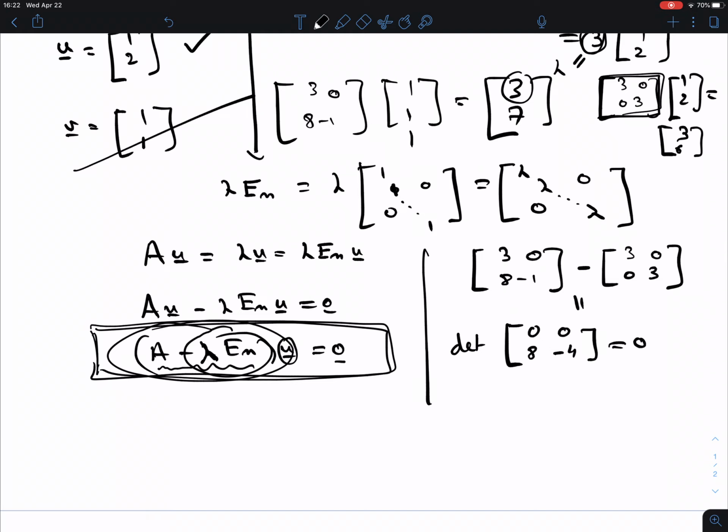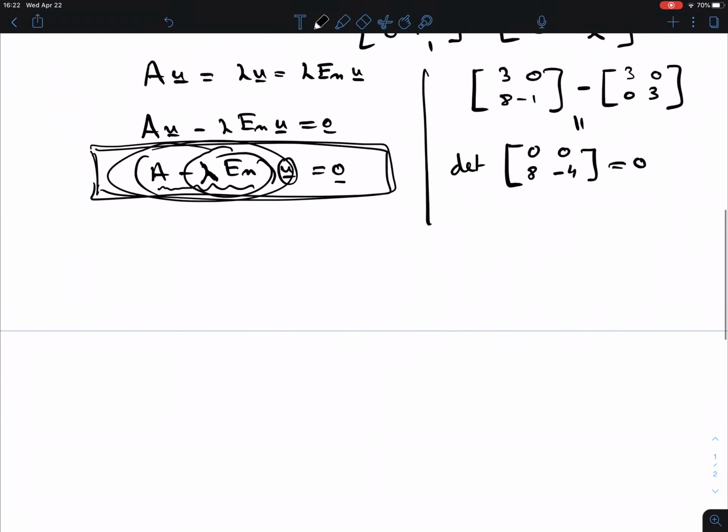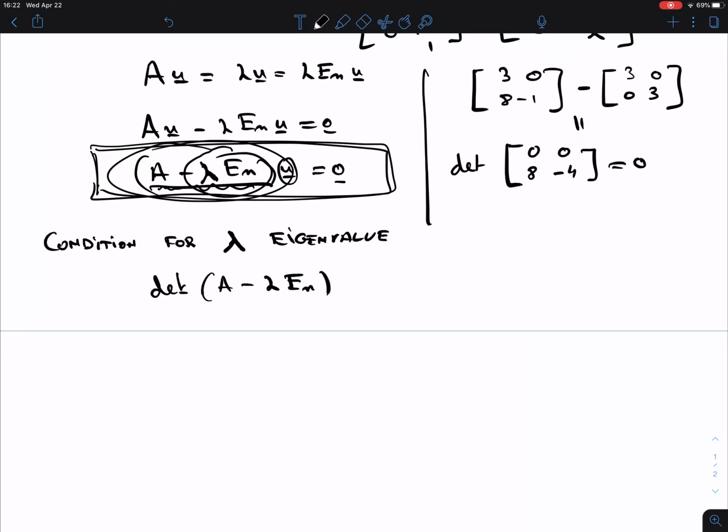So the condition for lambda to be an eigenvalue, although we are interested perhaps in eigenvectors, we're going to concentrate first on eigenvalues, is that this matrix has a non-zero solution. It means that the determinant of A minus lambda En is 0.